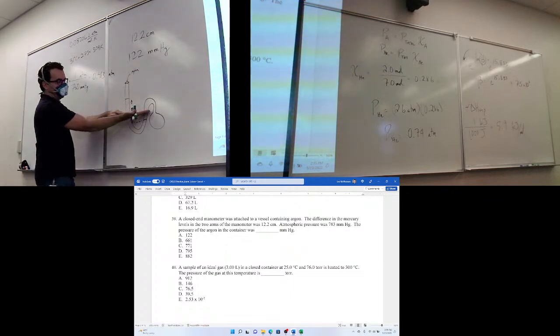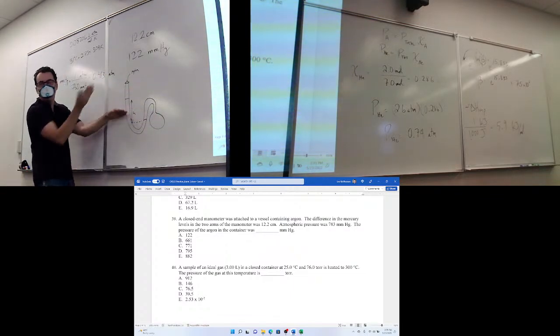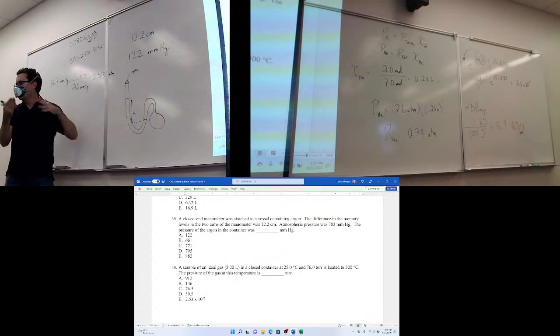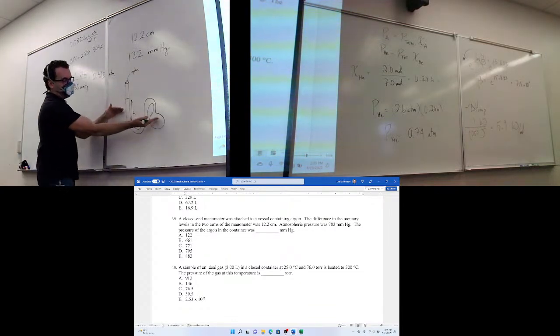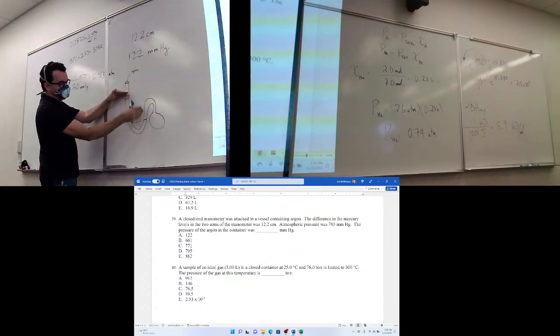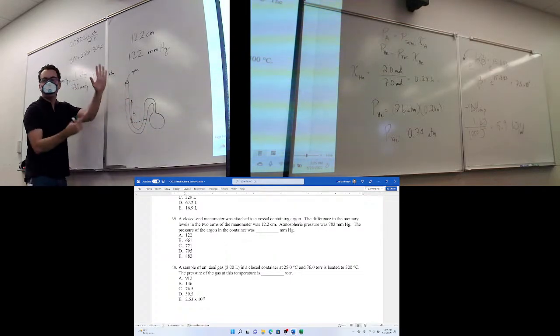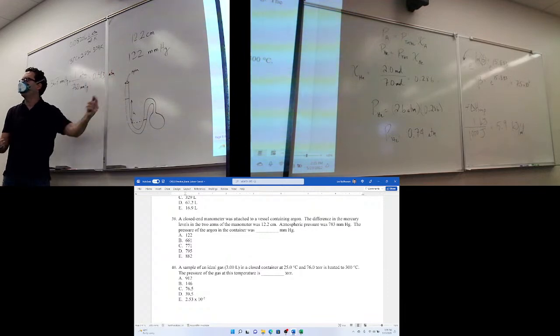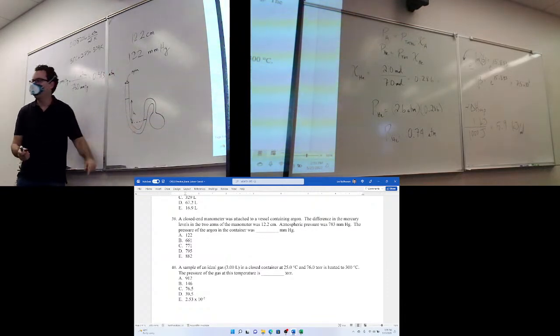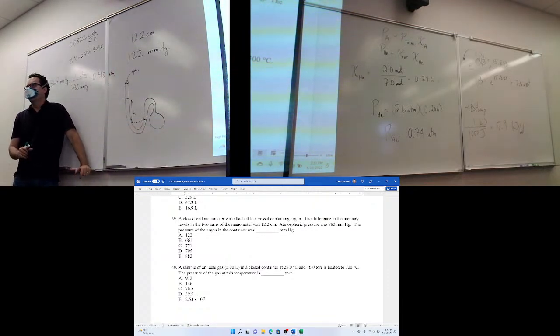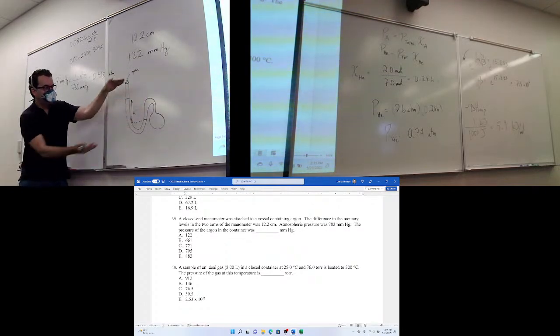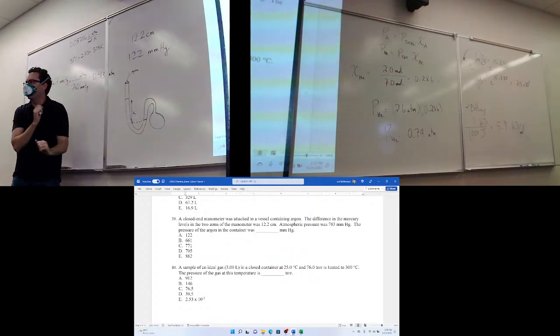If it's completely even, then this pressure is the same as the atmospheric pressure. But if this is higher pressure, then the mercury is going to go down on this side and go up on this one, and this difference is the difference from the atmospheric pressure. So you add to it to get the total pressure in here. If it was the other way, you subtract from the atmospheric pressure.